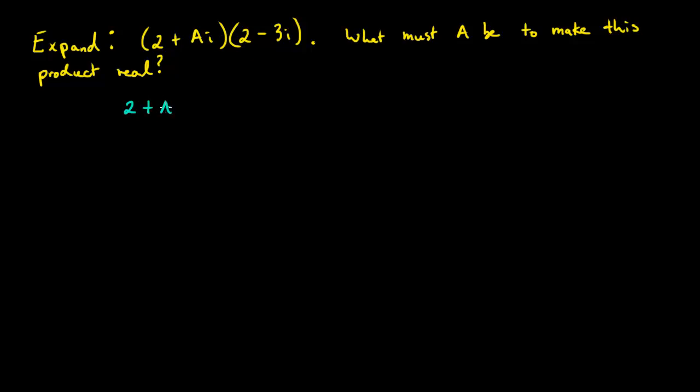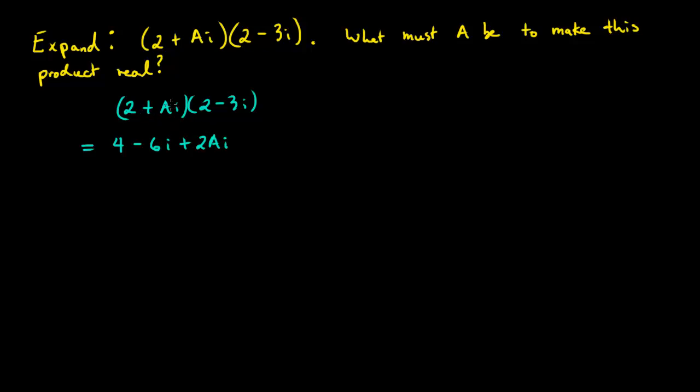So we have 2 plus ai times 2 minus 3i. And if we expand this using FOIL, we get 2 times 2, which is 4, 2 times negative 3i, which is minus 6i. Then we have plus 2 times ai, which is 2ai.